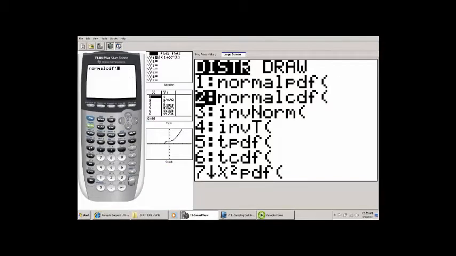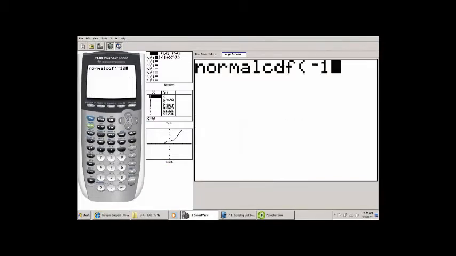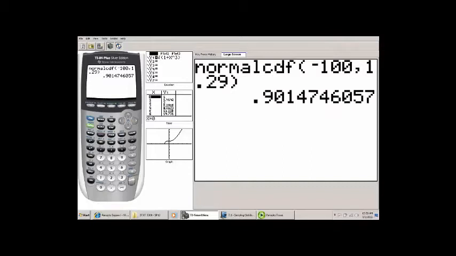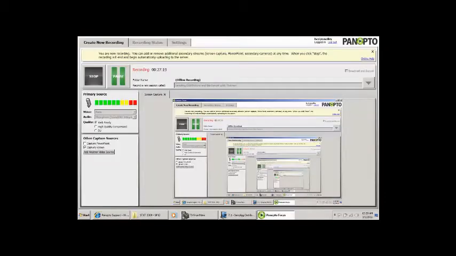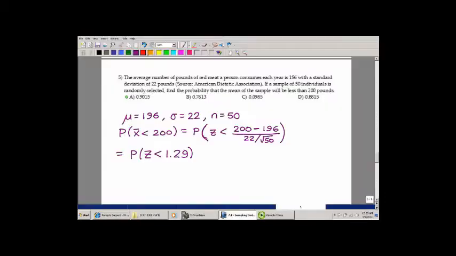I'll go second. Now I have to start this off with negative 100, representing the idea of negative infinity, up to the value 1.29. Enter. Looks like about 0.9015 would be my probability that X bar is less than 200.